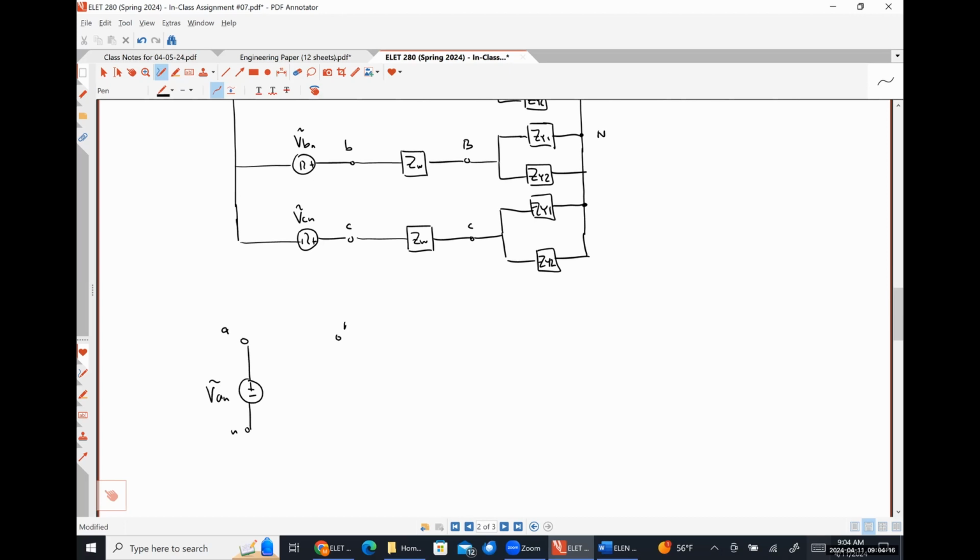Between lowercase a and uppercase A, we have our transmission line impedance. Between uppercase A and uppercase N, we have an impedance ZY1 as well as an impedance ZY2. And between lowercase n and uppercase N, we have a short circuit.